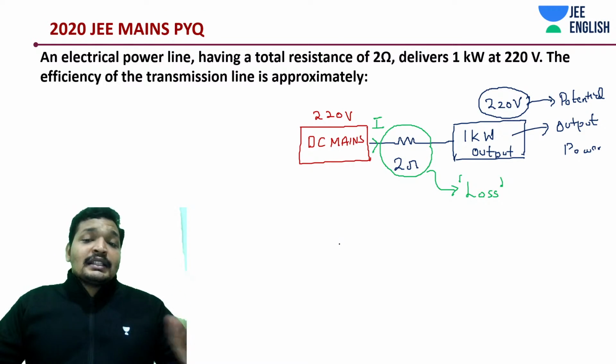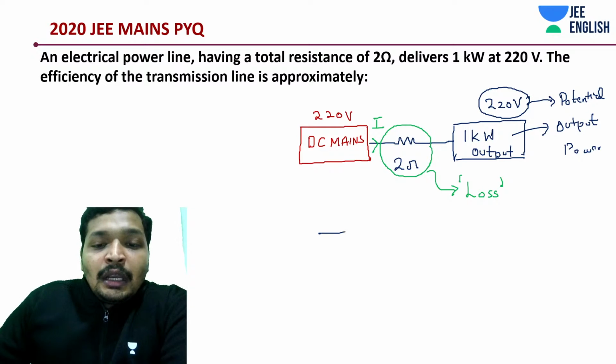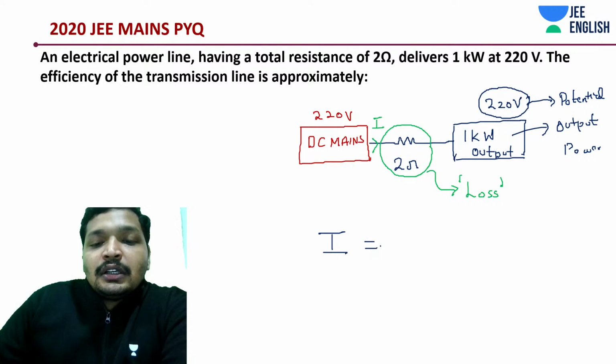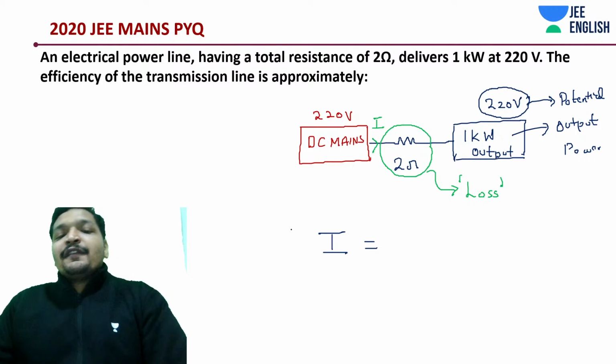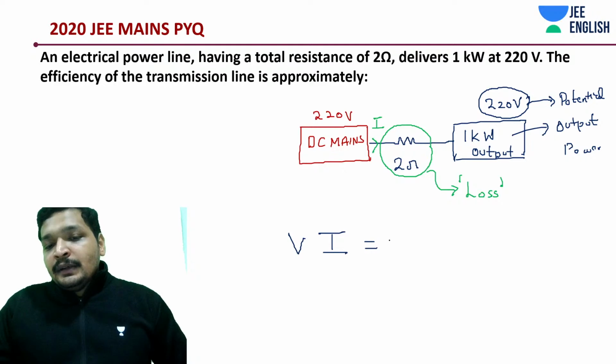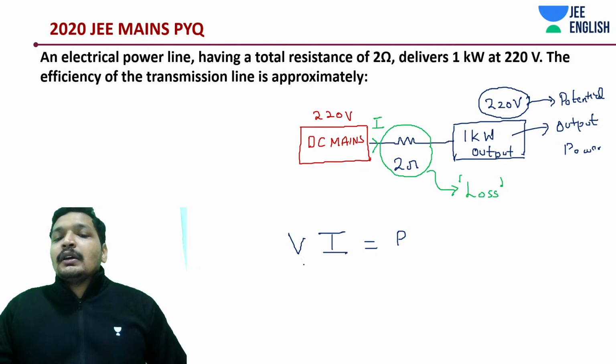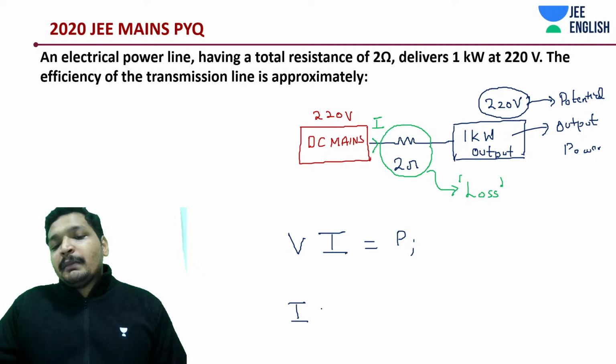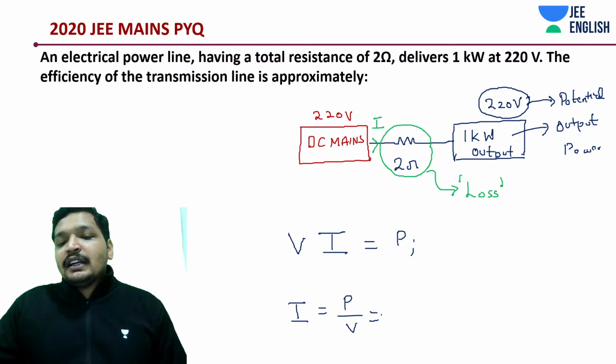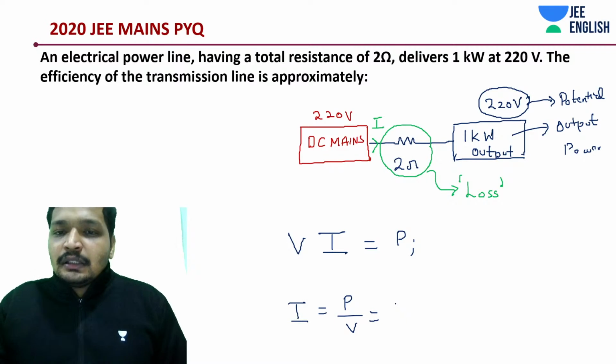Okay, if you're not understanding it, do let me know. Current is how much? If you remember, V into I is equal to P. That means your current is P by V, the total power that you have delivered divided by the potential.